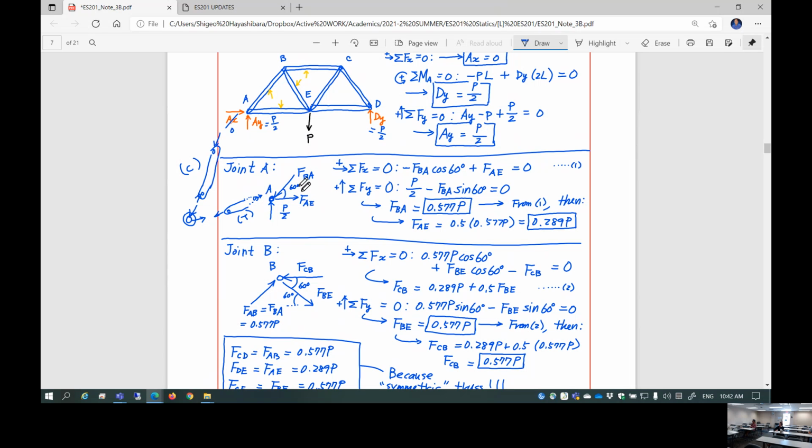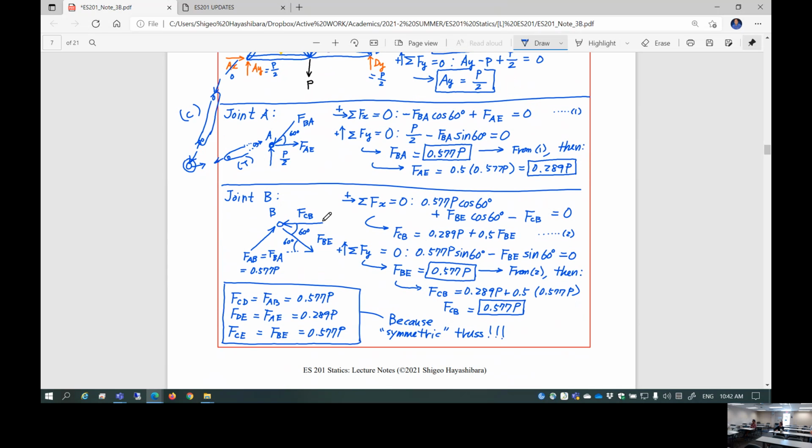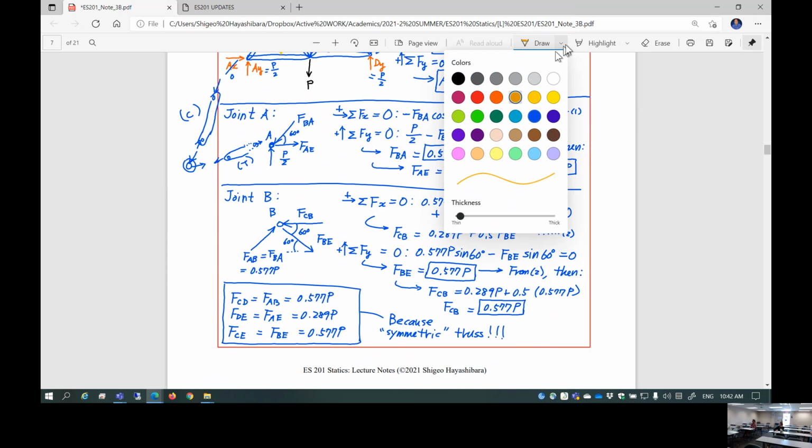So FBA is compressive, FA is tensile, FCB is compressive, FB is tensile. So you can tell all of those things. Let me just finish up by saying tensile or compressive.